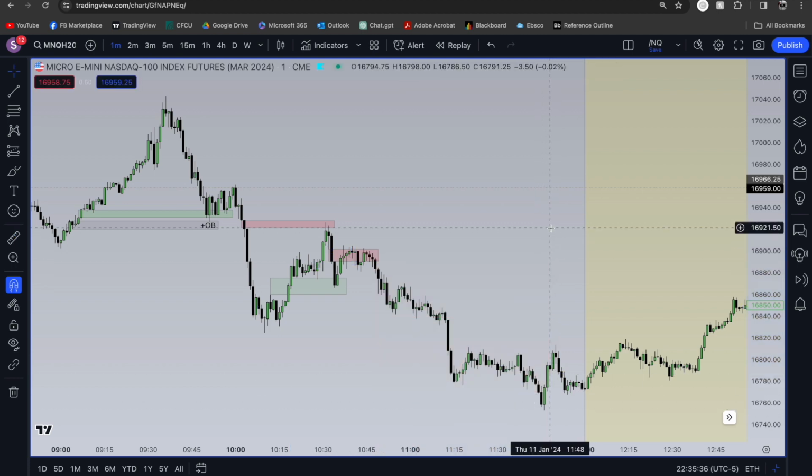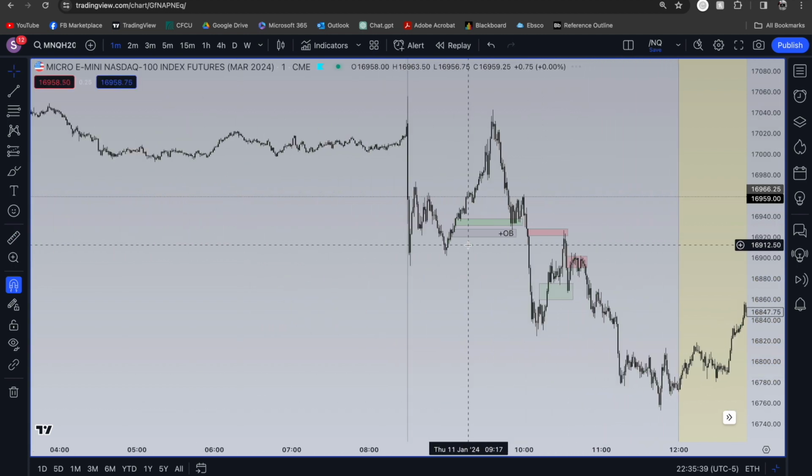Give or take. So pretty sizable move, good setup.